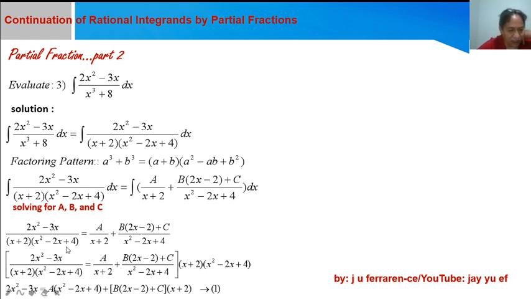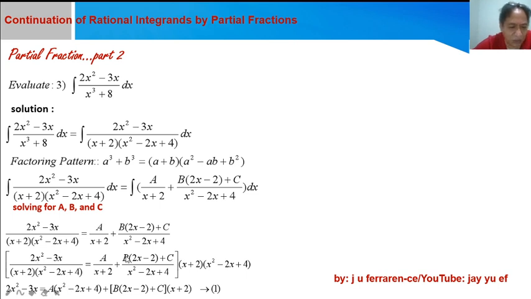Reducing this fractional equation into a polynomial equation, I have to multiply with the LCD. When you look for the LCD, just copy the expression of your original denominator in factored form. So, this is out. What is left are the terms in the numerator, 2x squared minus 3x, and that's equal to a.